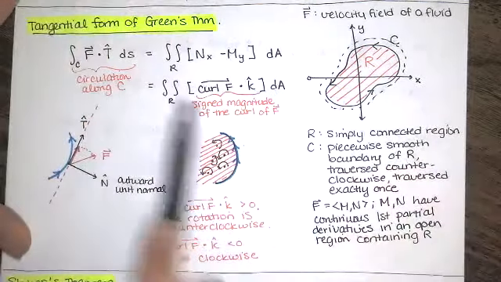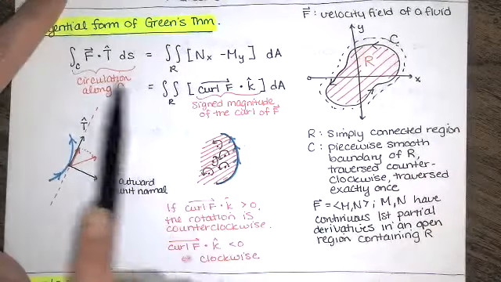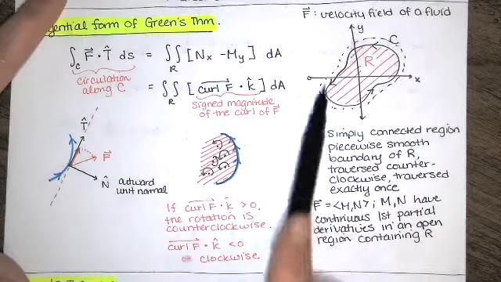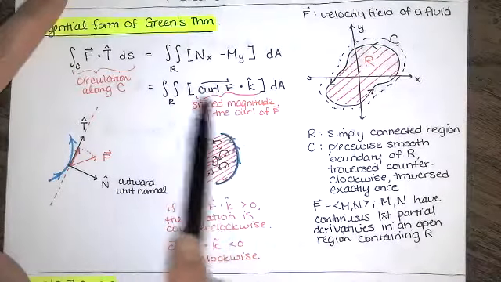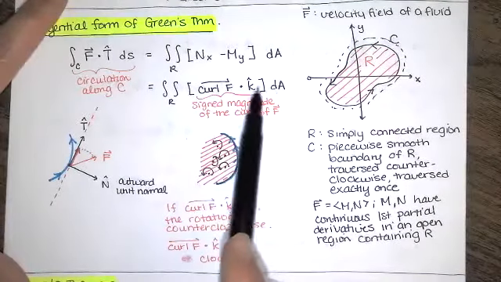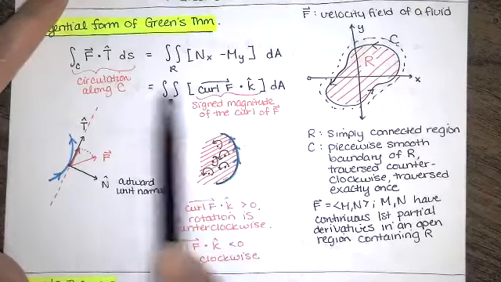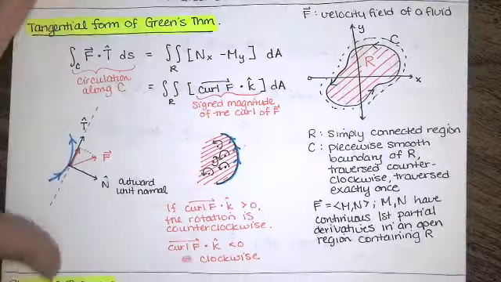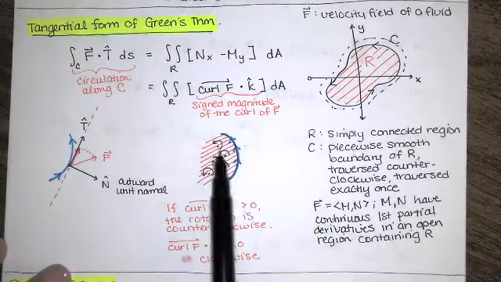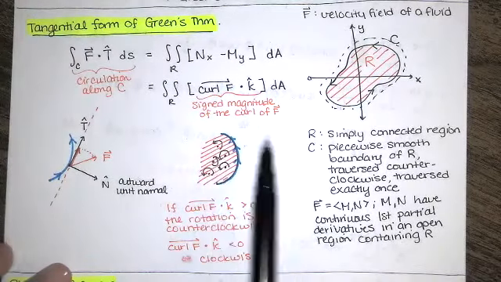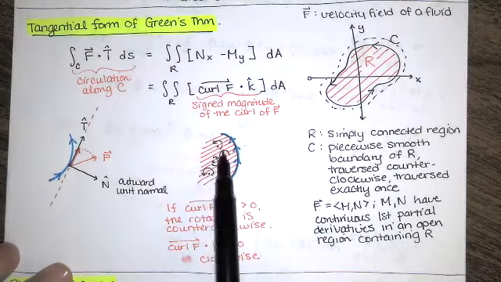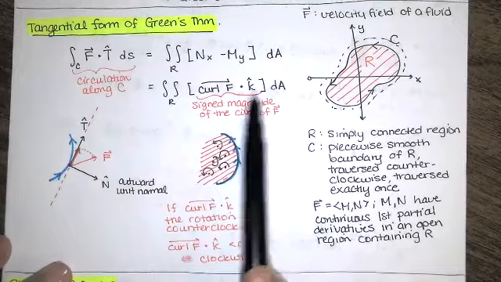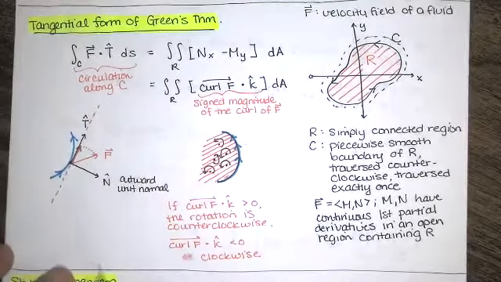And even with this integral, we can say more specifically, well, this gives us the circulation along C. Well, this has got to be the circulation per unit area, because this times area is giving us circulation. So I'm thinking of this as a circulation rate. I've got circulation per unit area at each location, then we're multiplying by area, and then we add them all together and we get circulation back.